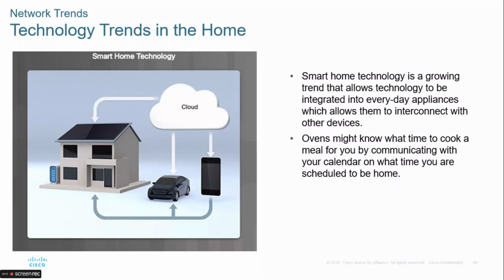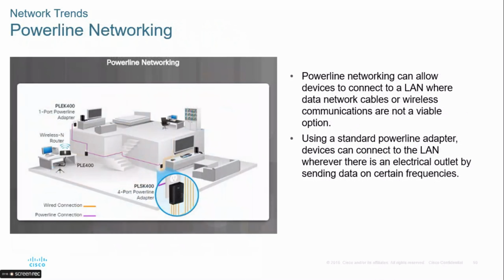Technology trends in the home: we've got smart home technology, the introduction of the Internet of Things, whereby sensors and actuators are used to automate operations in the home. That is the current technology, having a smart home. We've got what we call power line networking. Power line networking can allow devices to connect to a LAN where data network cables or wireless communication are not a viable option.